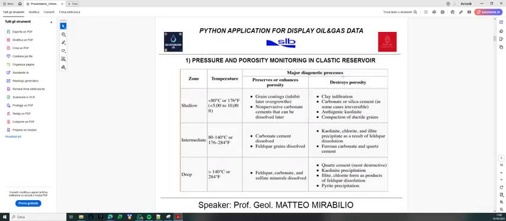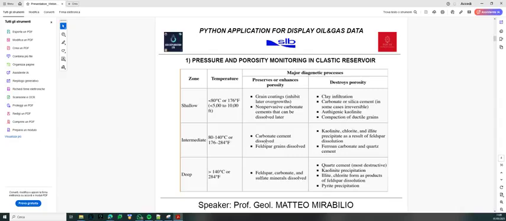Other conditions destroy porosity, for example clay infiltration, carbonate or silica cement, or authigenic catalytic processes will destroy the initial porosity. The intermediate range of temperature corresponds to the medium state.